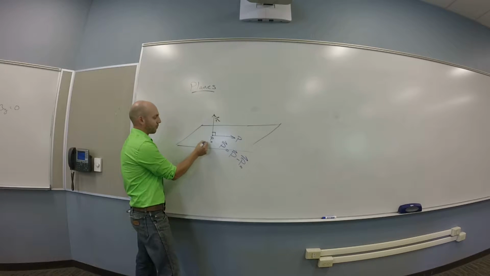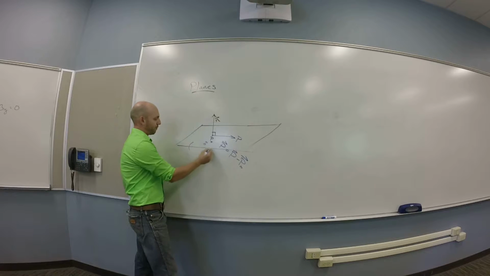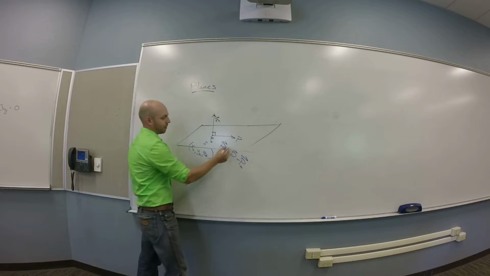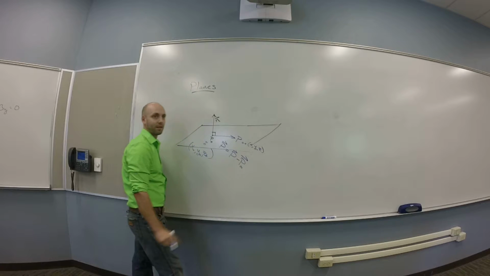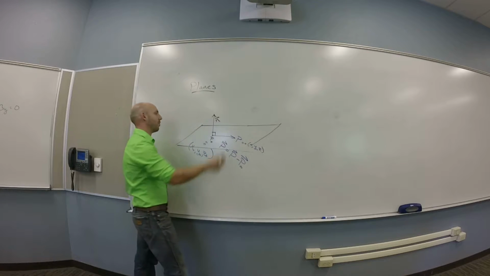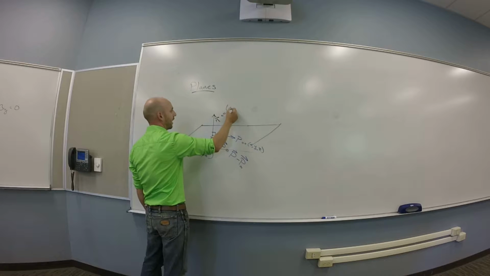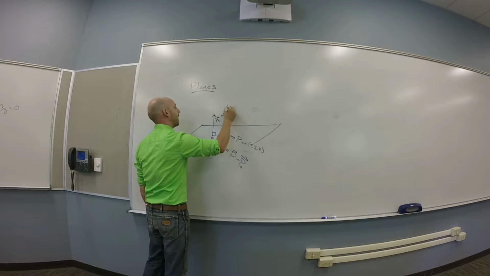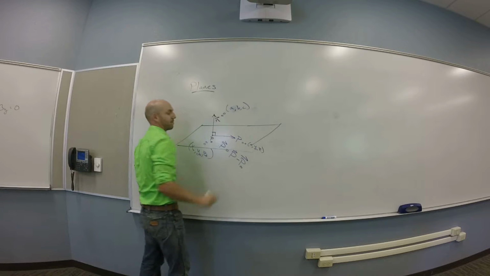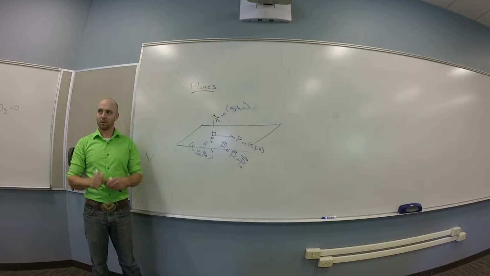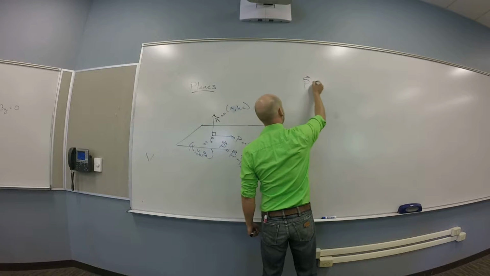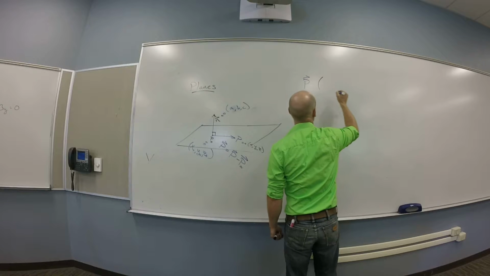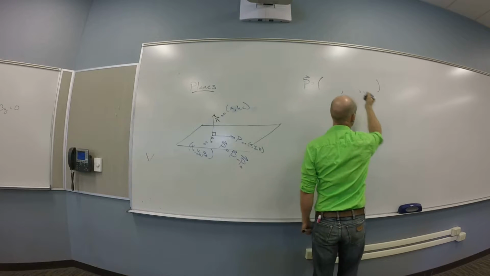So if I throw some components in here, P naught's going to be X naught, comma, Y naught, comma, Z naught. And P is going to be X, comma, Y, comma, Z. And maybe I'll make the normal vector N, let's make it A, comma, B, comma, C. What are the components of the P vector?